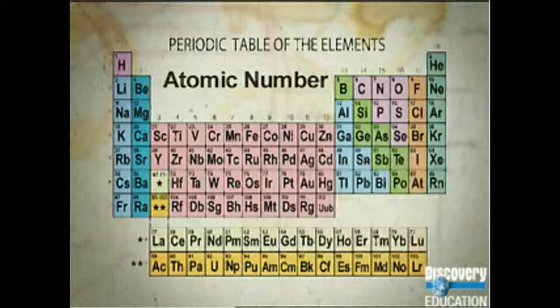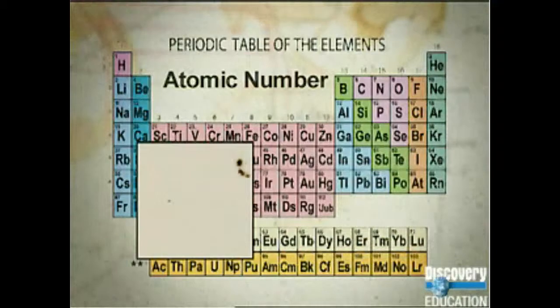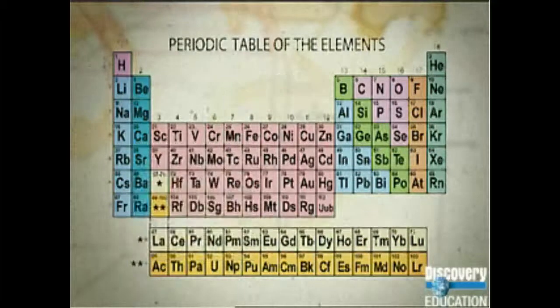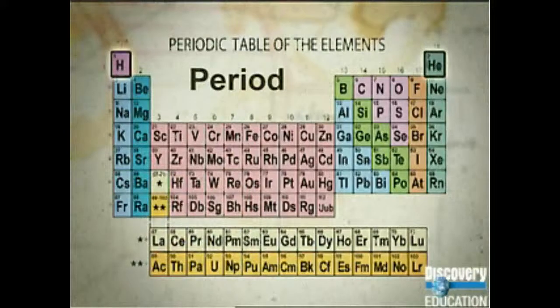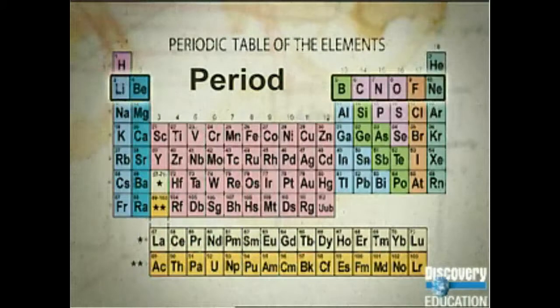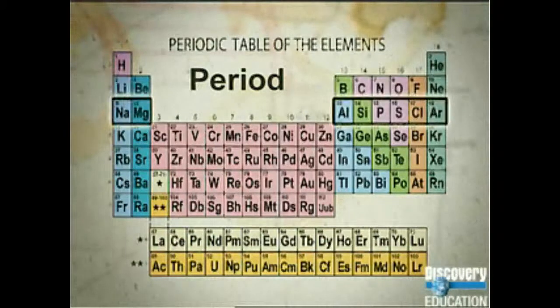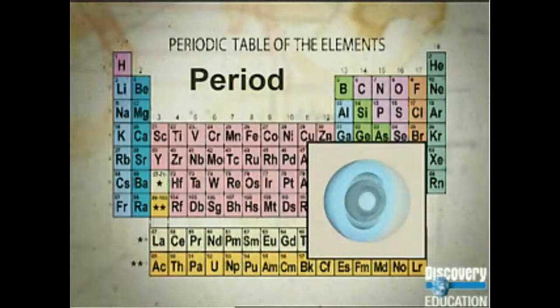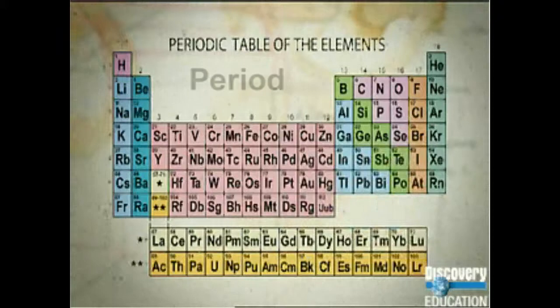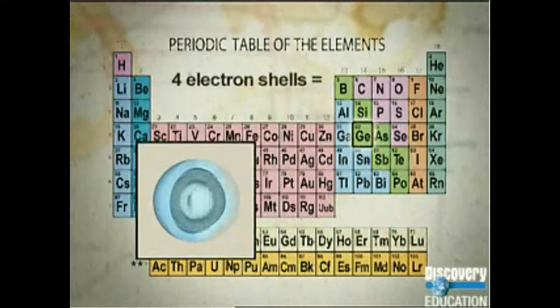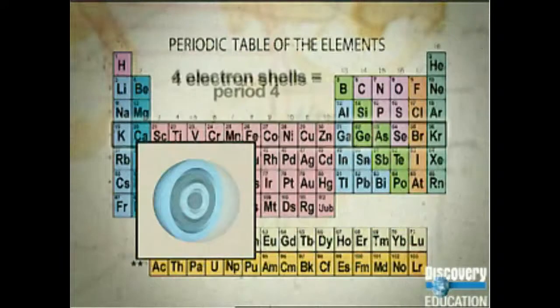In its normal ground state, this nucleus is also surrounded by an equal number of electrons. As you read the periodic table from top to bottom, each horizontal line is called a period. Each period represents the number of electron shells the element's atoms normally have. For example, there are 4 electron shells in an atom of germanium, so it lies in period 4.